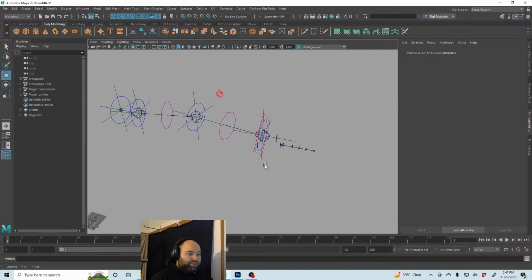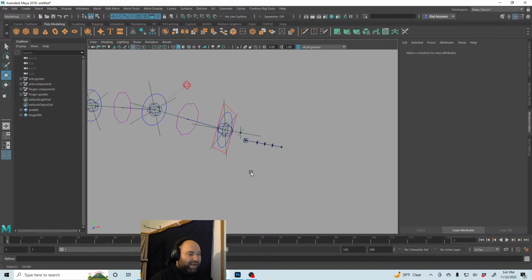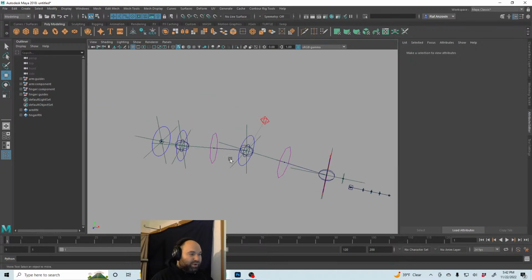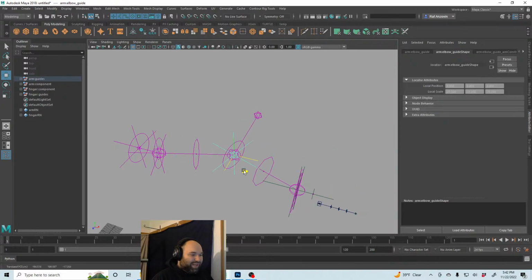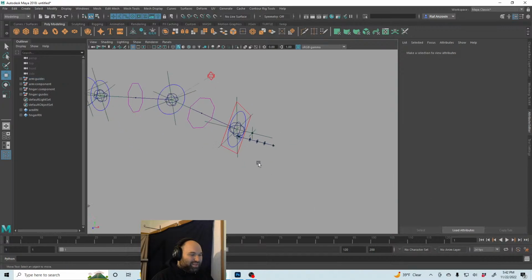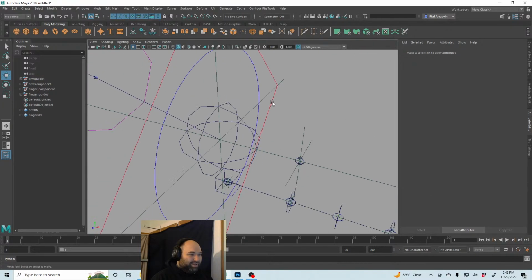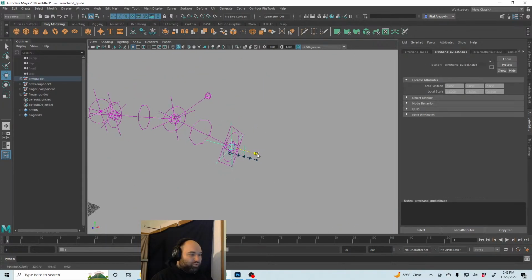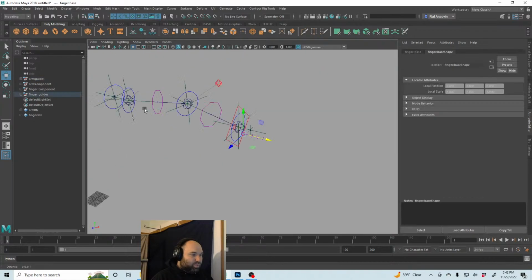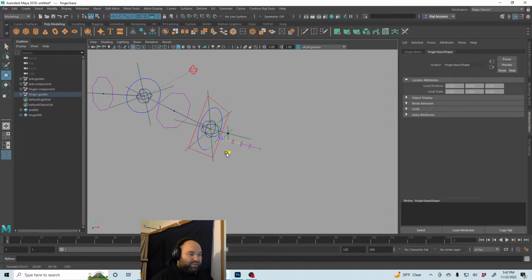So here's what we need to do to make this work. Because right now, if we hide locators, the locators are telling us, and just to show that, I'm going to actually change the proportions because I love doing that. The guides are telling us what the world space shape is that this thing takes on.